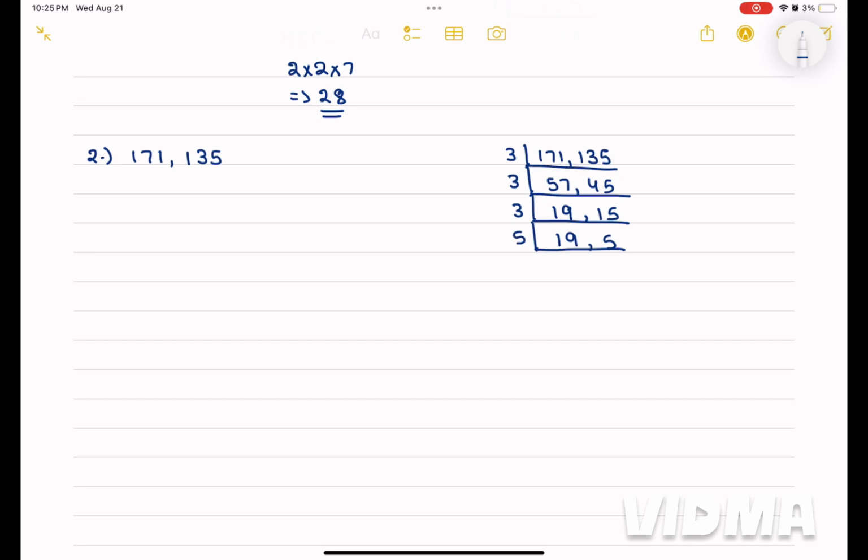3 has divided only 15, not 19. 5 divided only 15. So we do not take the last 3 numbers as I said because they do not divide both the numbers. 3 did not divide 19, 5 did not divide 19 and 19 divided only itself.